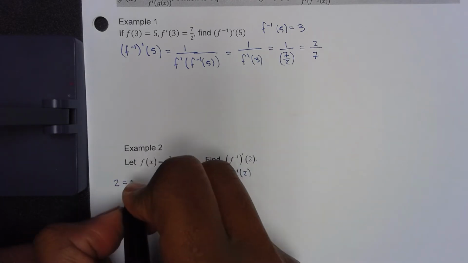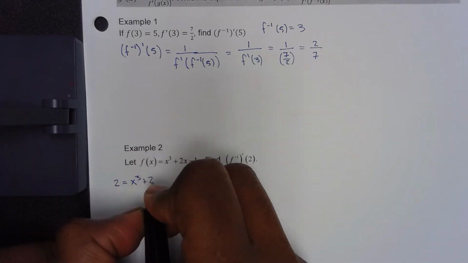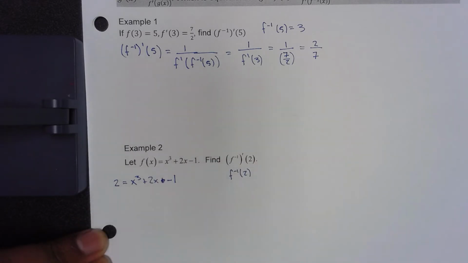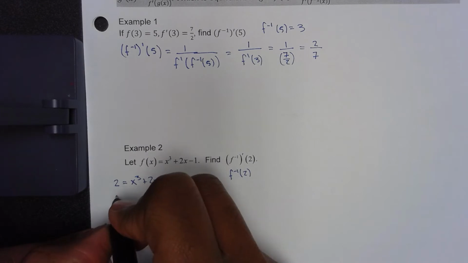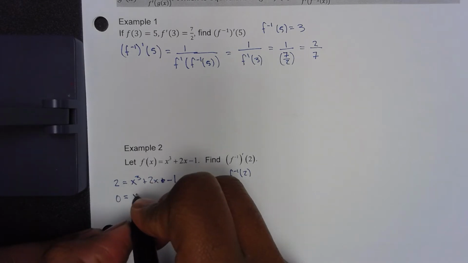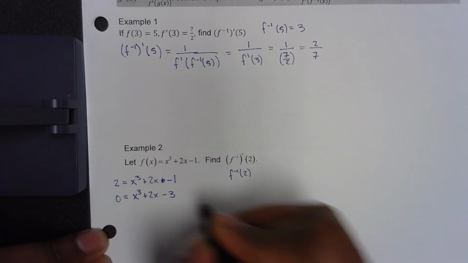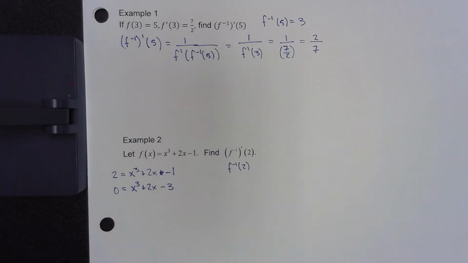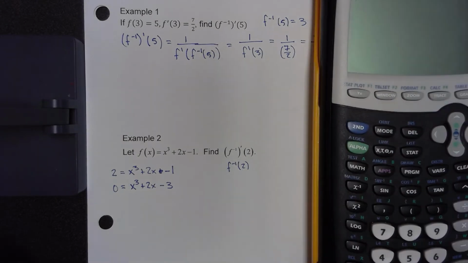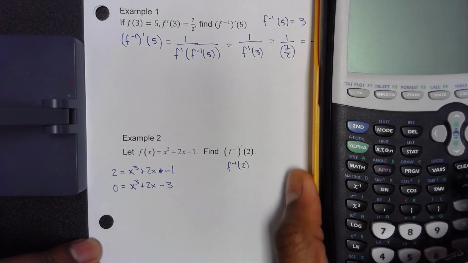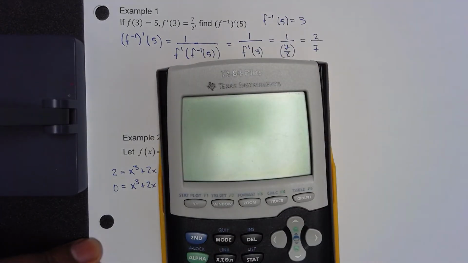So we would have 2 equals x cubed plus 2x minus 1. If we set this equal to 0, we would get 0 equals x cubed plus 2x minus 3. Now if we have decent number sense, we'll see that if x is 1, then this is 0 because 1 plus 2 minus 3 equals 0, but some inverse functions are difficult to solve, so we'll use the calculator to verify this answer.